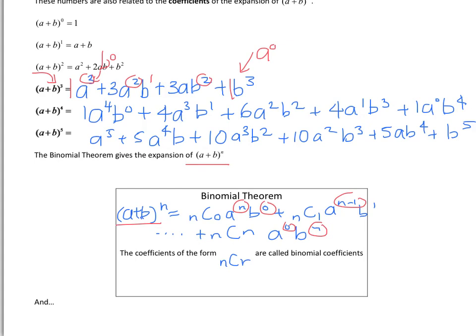Sorry about my penmanship, but that should be an n. And the coefficients of the form n choose r, which of course can also be written as n choose r, are called binomial coefficients.